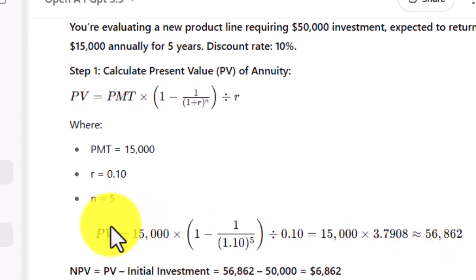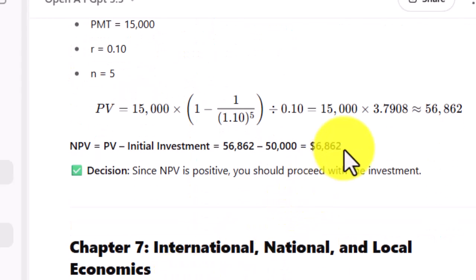This equals 15,000 times the 5-year PV factor. NPV equals that present value minus the initial investment, which equals 6,806.2. Decision: since NPV is positive, you should proceed with the investment.